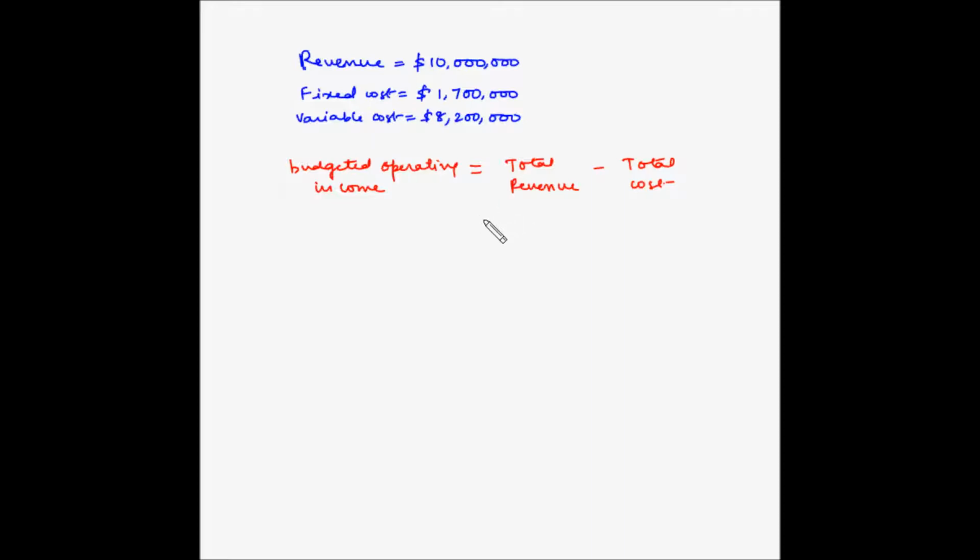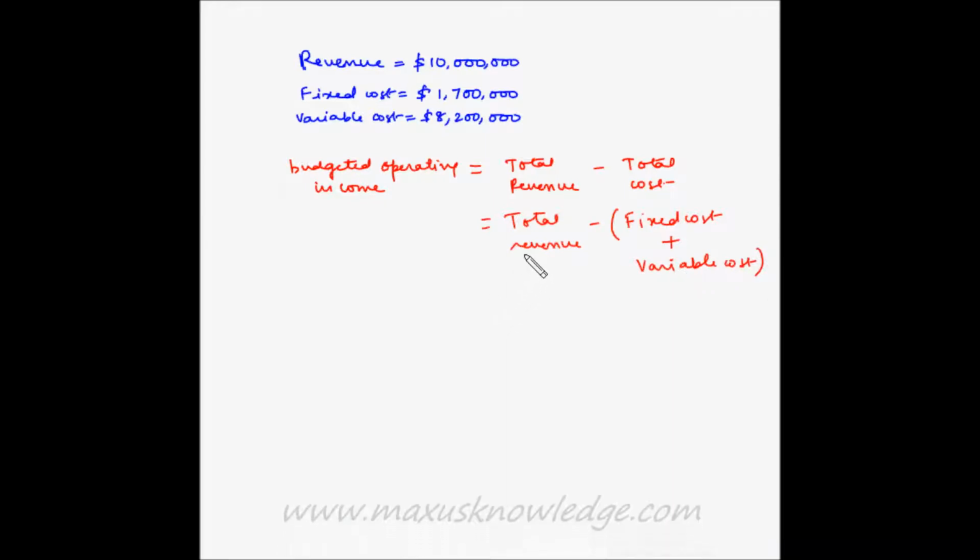So let us note it down. So total revenue minus fixed cost plus variable cost. Now we have been given these three values, so let's plug those in.